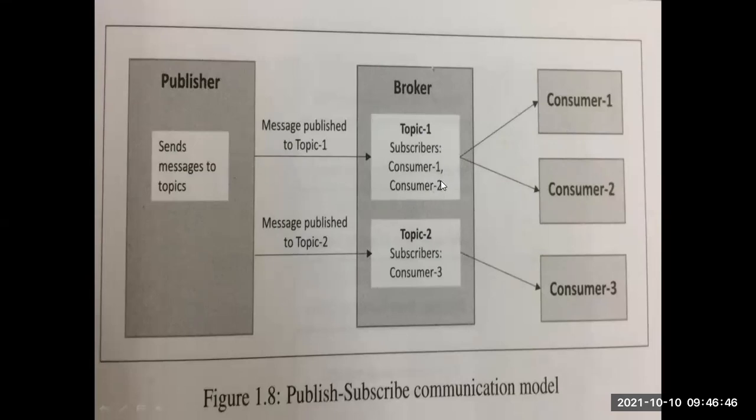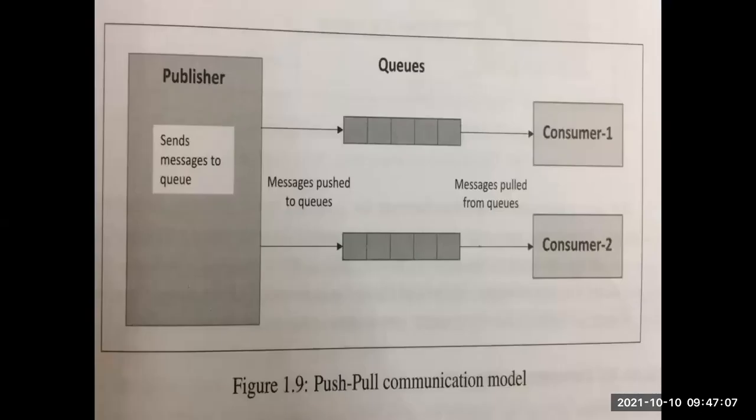Only those who are subscribed to the topic are sent the message by the broker. For example, say topic 2 is subscribed by consumer 2. Then the message published to topic 2 is sent only to that consumer. Okay, it is about the publish subscribe communication model.